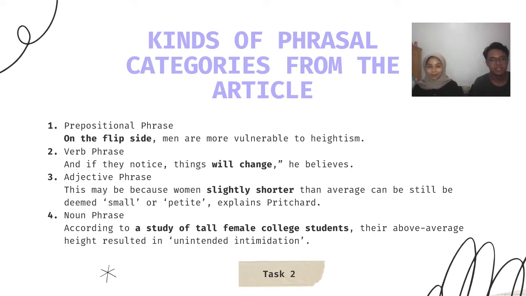Number three, adjective phrase: "This may be because women slightly shorter than average can still be deemed small or petite, explains Pritchard." Number four, noun phrase: "According to a study of tall female college students, their above average height resulted in unintended intimidation."